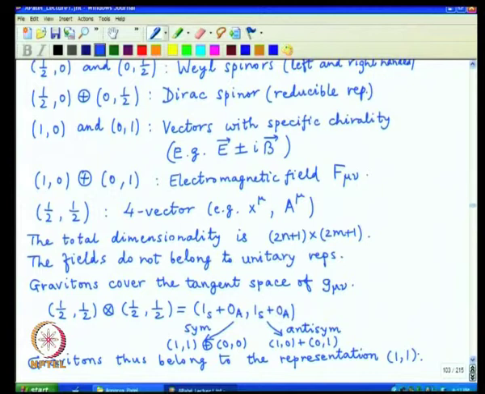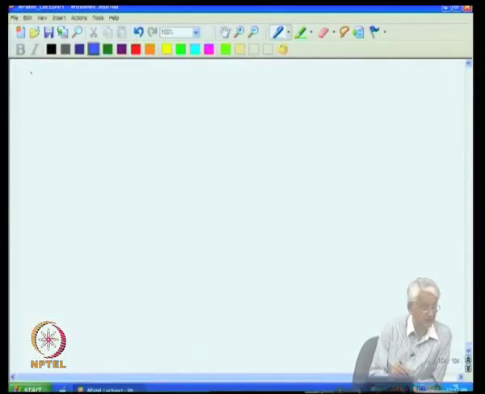Now, I will mention some of the stuff related with the Lorentz group, which can be obtained by slight extensions of the analysis which we have already gone through.